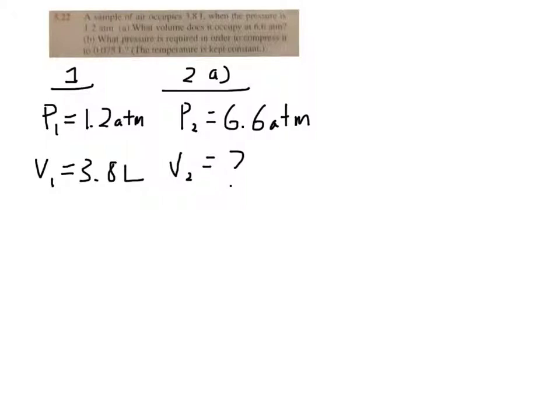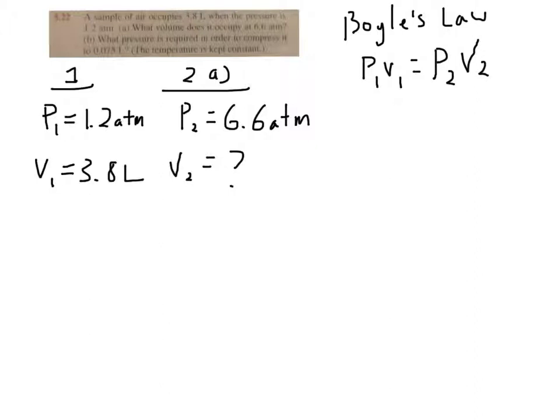So we do Boyle's law. Boyle's law states that the product of pressure and volume is constant for an ideal gas when temperature is constant. P1 V1 equals P2 V2. Now we're just going to do substitution. P1 is 1.2 atm, V1 is 3.8, equals P2 is 6.6 and V2, which is our variable we're solving for.